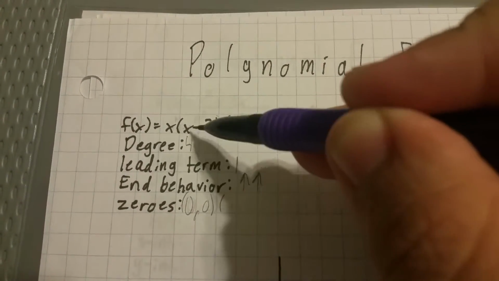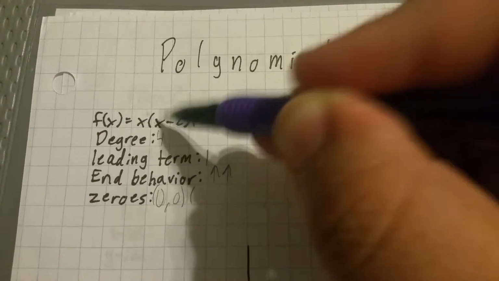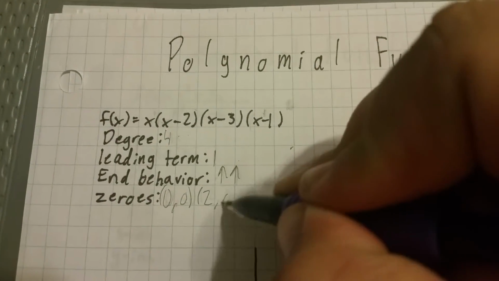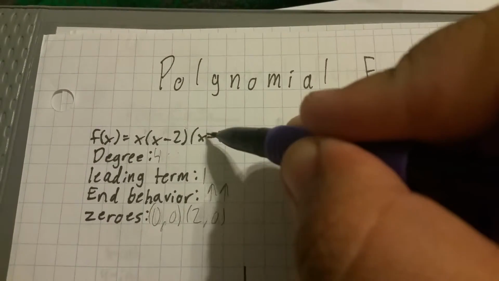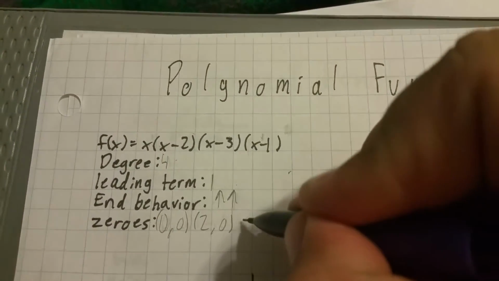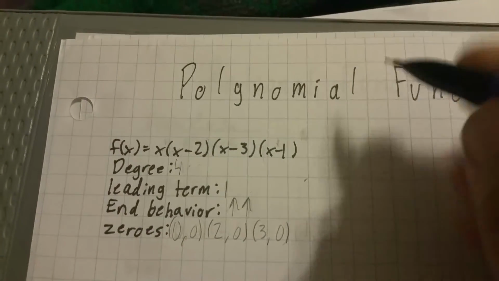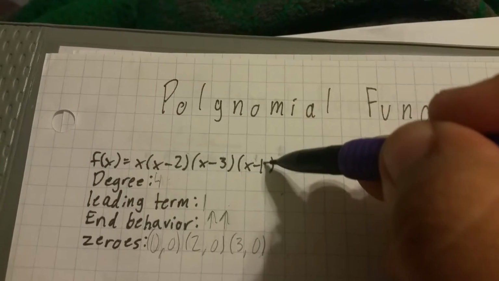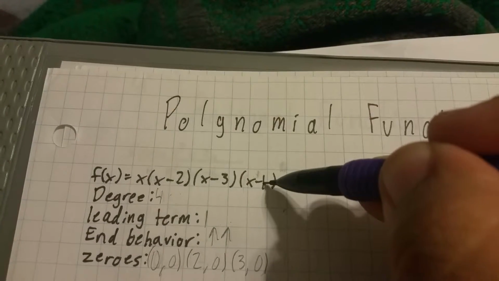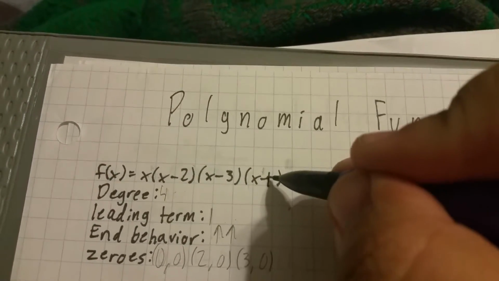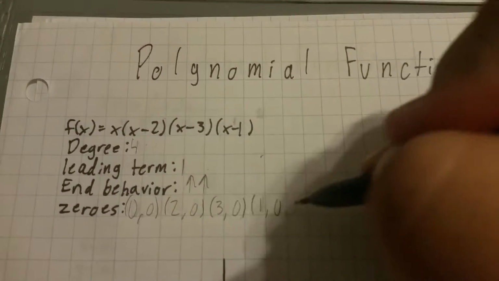For this one, since it is a minus 2, the only way to make this 0 is to add 2, so your coordinate would be 2, 0. To make this one 0, you need 3 for similar reasoning. And then here, it's supposed to be a negative 1, so the same thing applies. Your zero would be 1, 0.